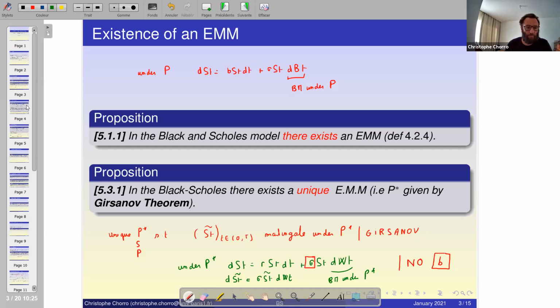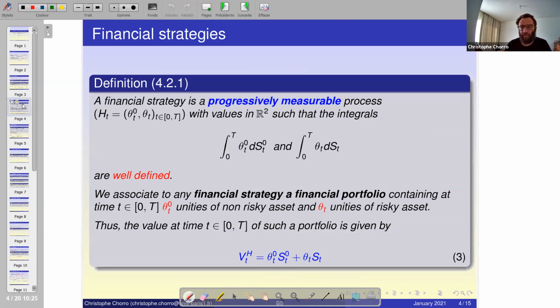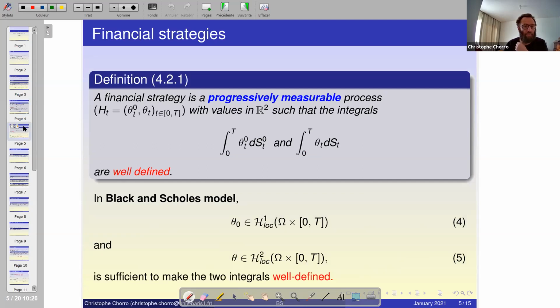So I have reminded, in the previous session, what was the definition of a financial strategy and of the associated portfolio, with the hypothesis of no friction on the market. I have just reminded that in the definition of a financial strategy, I have two integrability conditions to fulfill that make these two integrals well defined.